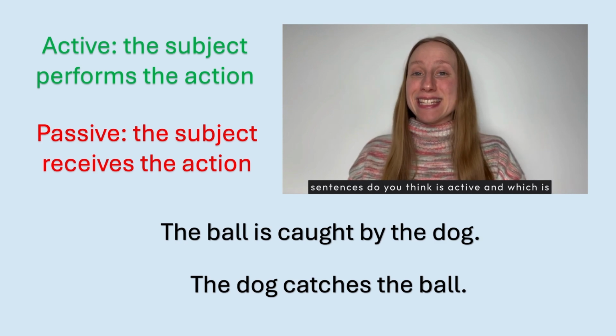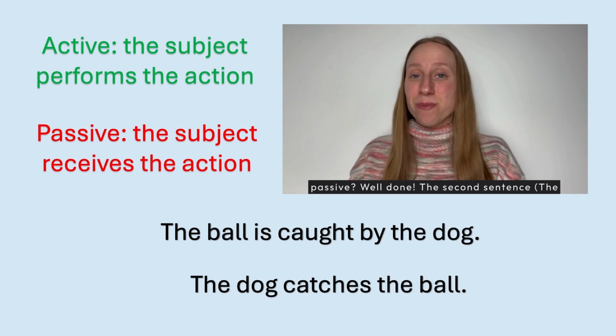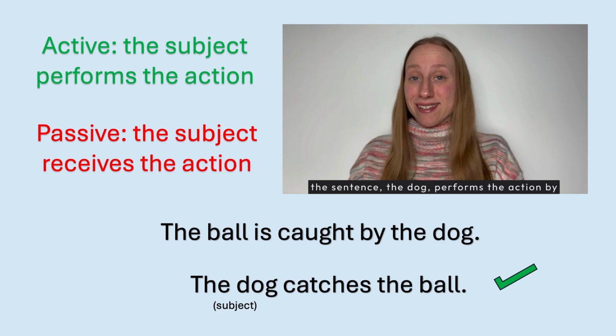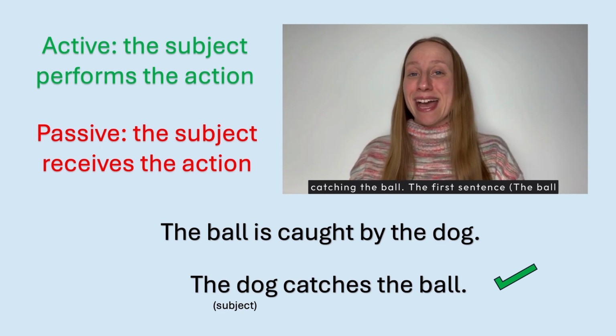Which of these sentences do you think is active and which is passive? Well done. The second sentence, the dog catches the ball, is active. The subject of the sentence, the dog, performs the action by catching the ball.